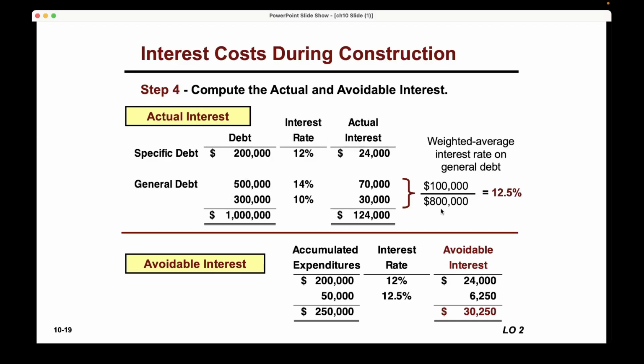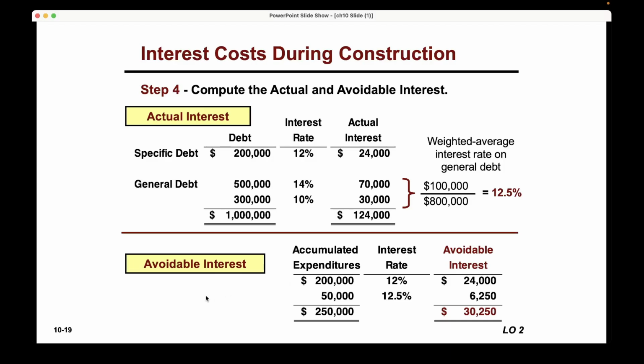Okay, meaning 800,000 coming from 500,000 plus 300,000, and we get 12.5%. So the weighted average interest rate on general debt we get here is 12.5%.